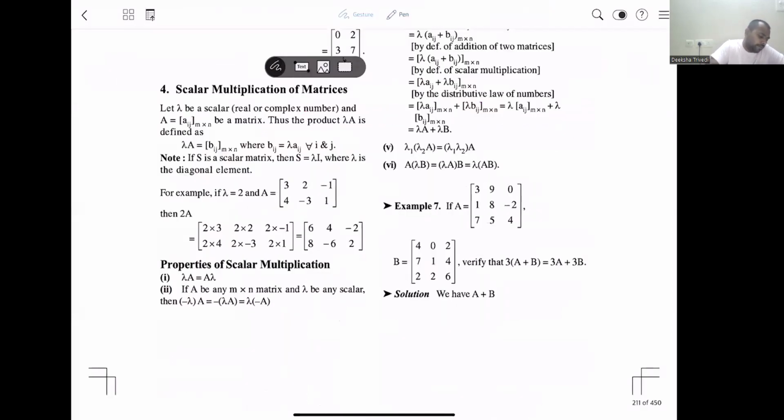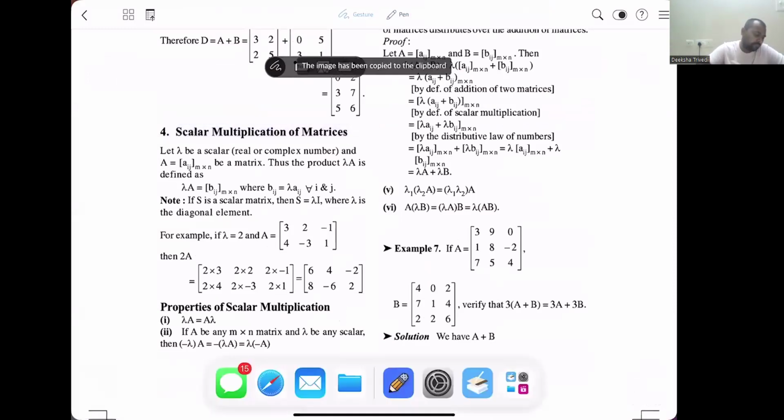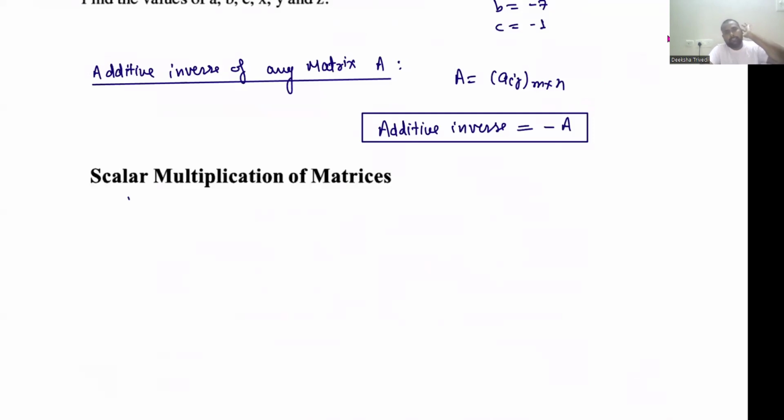Now we start the scalar multiplication of a matrix. Suppose we have a given matrix Aij of order m cross n.